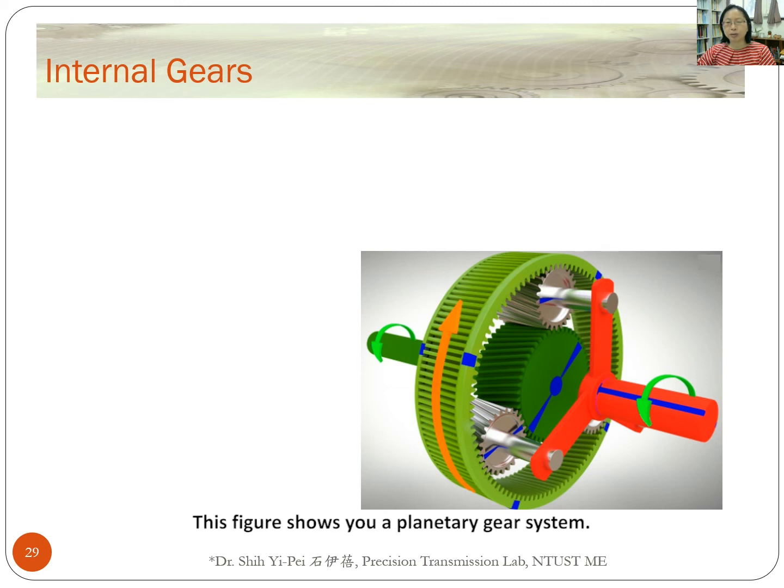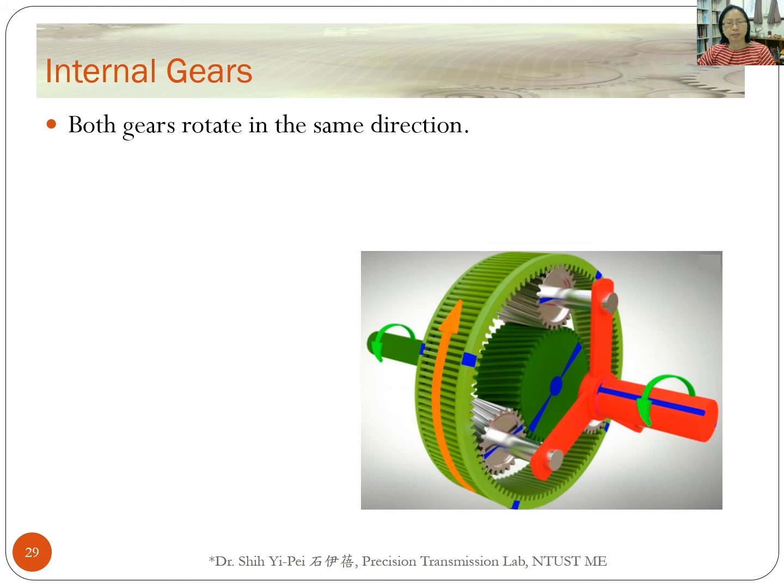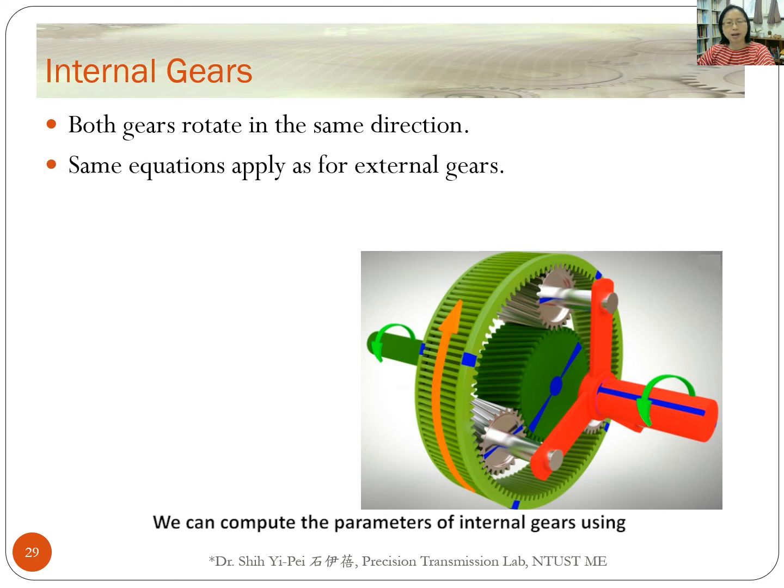This figure shows you a planetary gear system. Both the pinion and the internal gear rotate in the same direction. We can compute the parameters of the internal gears using the same equations as for external gears.